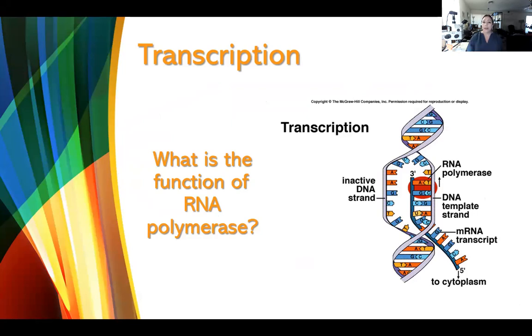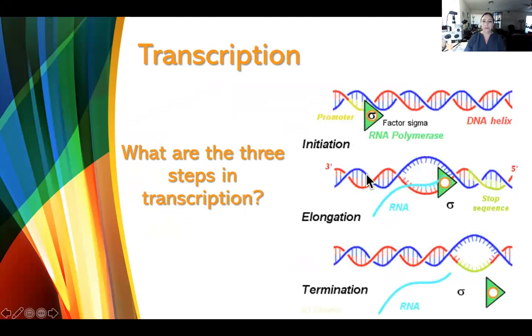RNA polymerase adds RNA nucleotides to a growing strand of RNA. Now, there are 3 steps to the process of transcription. The 3 steps are initiation, elongation, termination.